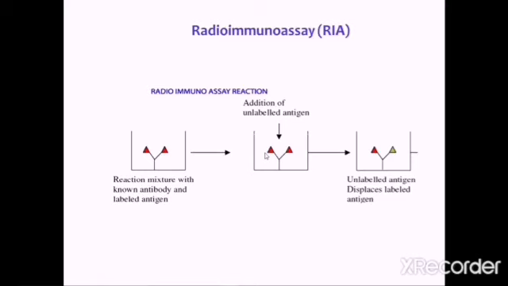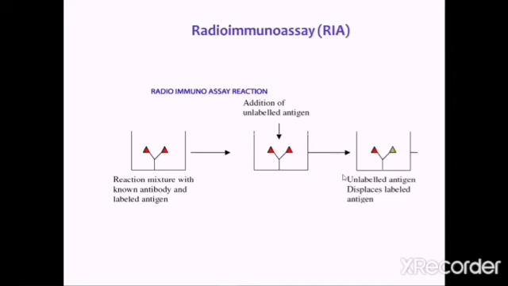The next step is to add a sample from a serum of a patient containing unknown quantity of the same antigen. Once it is added, this causes the unlabeled antigen from the serum to compete with the radiolabeled antigen for the antibody binding sites.